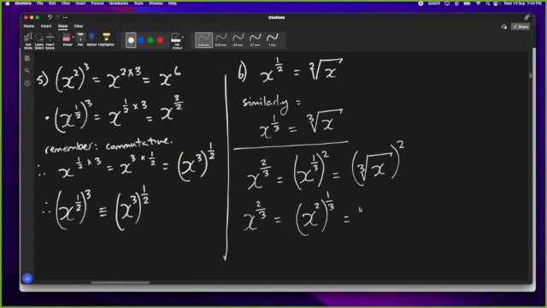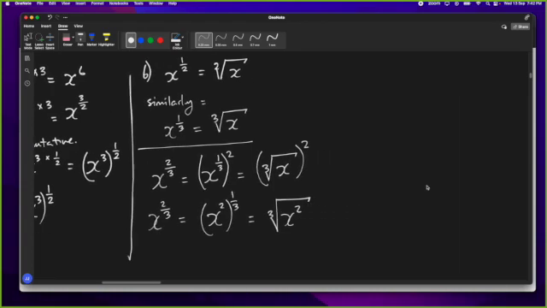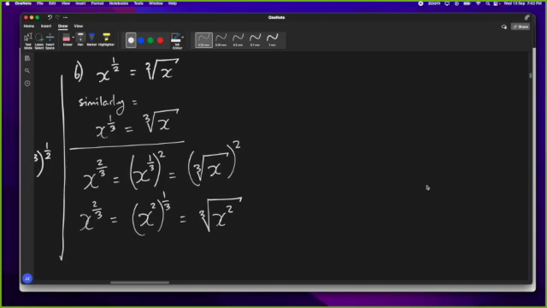So that means I now have x squared, and the cube root is on the outside. I don't know how mind-blowing this rule is, but this rule states that the cube root of x squared is going to be the same thing as the cube root of x all squared.